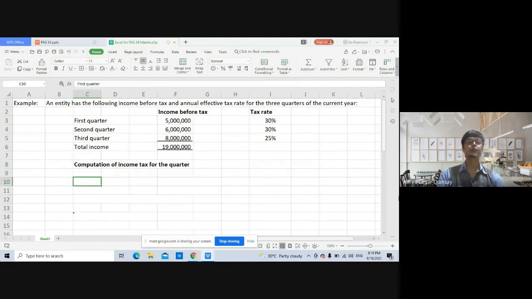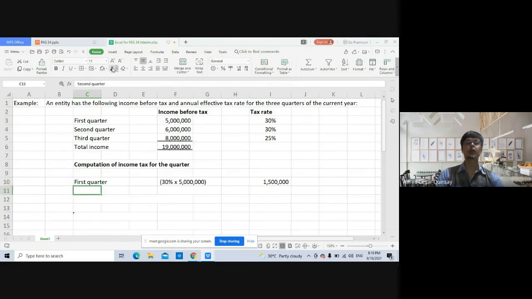Okay, so for the first quarter, the computation is 5 million times 30% because 30% yung rate niya nung first quarter. So that would be 1,500,000. So that is the income tax for first quarter. Okay, whatever the prevailing rate is during that quarter.